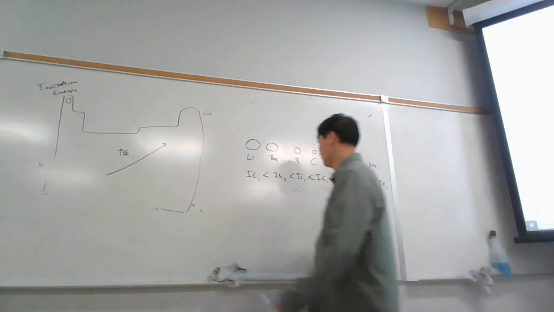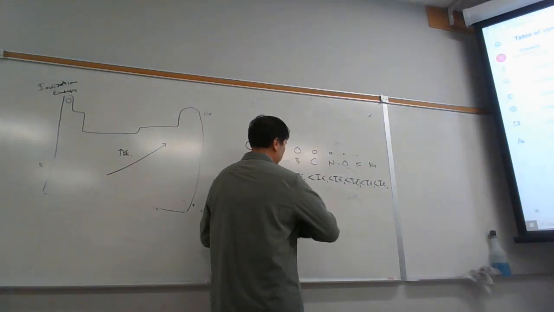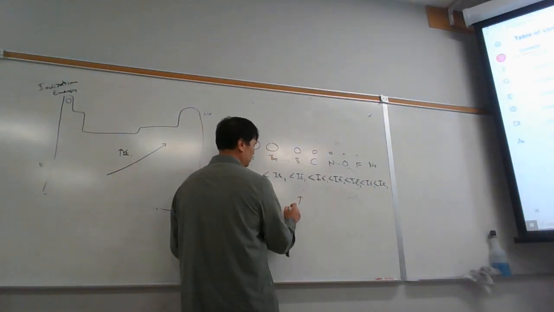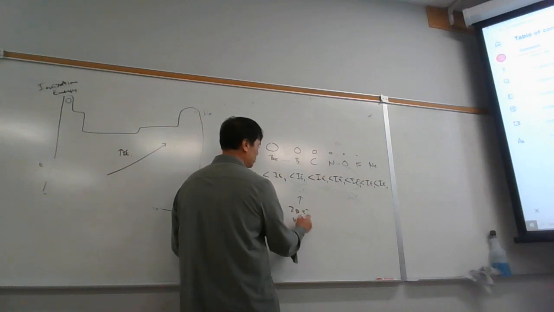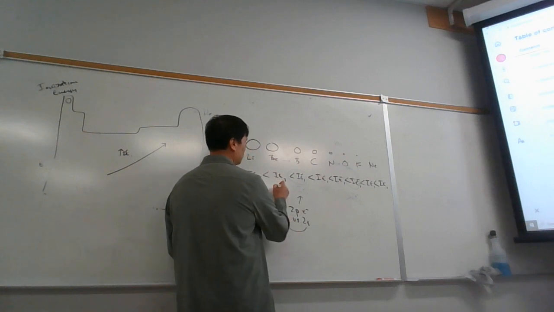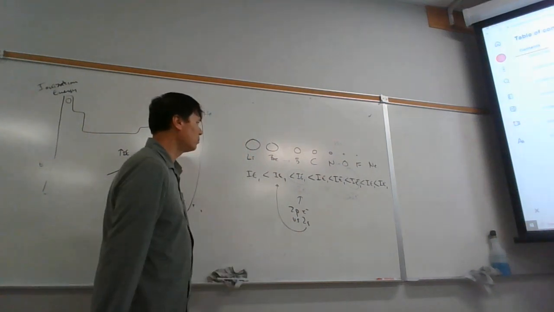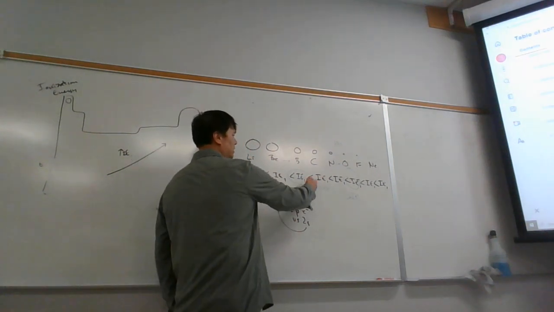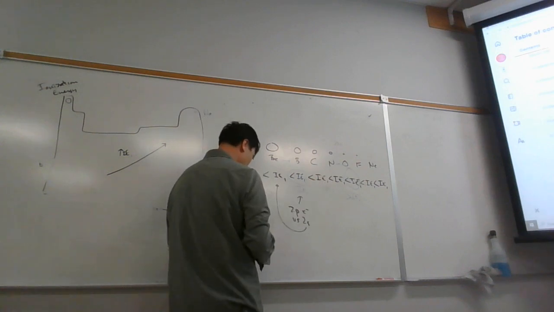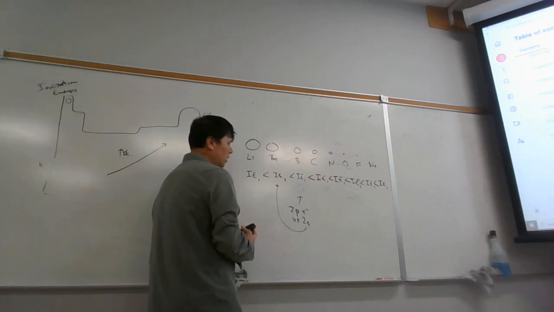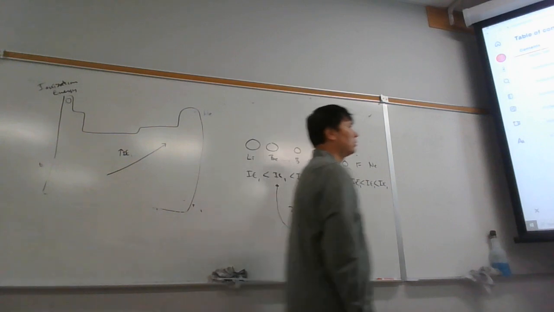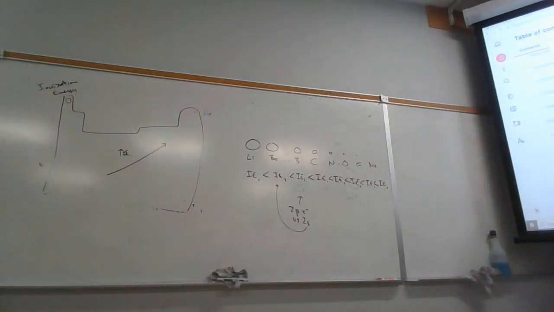And so this is attributed to a 2p electron versus a 2s electron. Once we're ionizing 2p's, then it's all relative to that. And so carbon's smaller, and we're ionizing a 2p, so it's going to be harder to ionize.